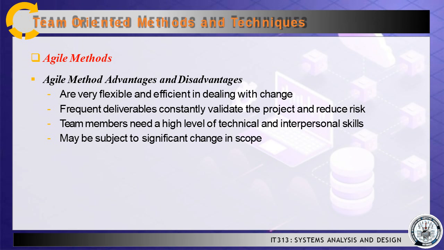For example, team members need a high level of technical and interpersonal skills. Also, a lack of structure and documentation can introduce risk factors. Finally, the overall project may be subject to significant change in scope as user requirements continue to evolve during the project.